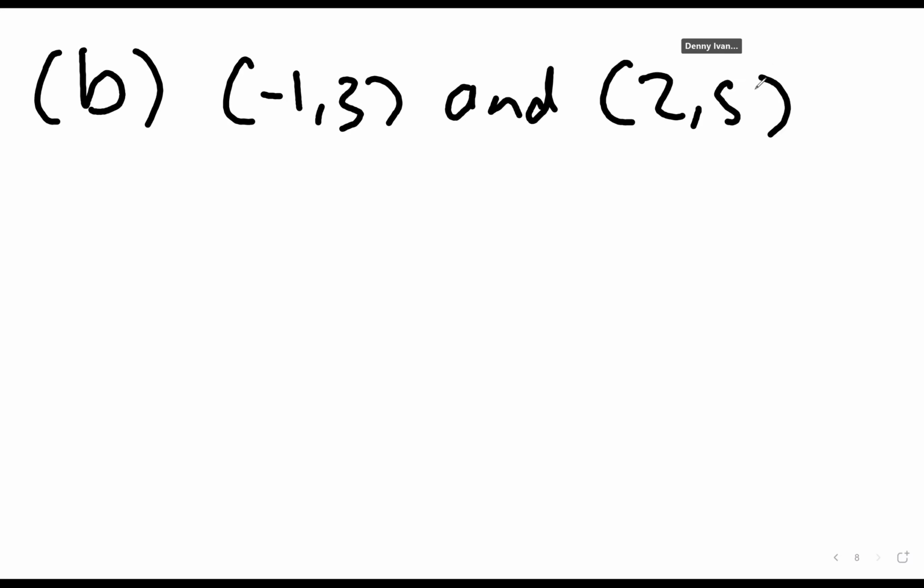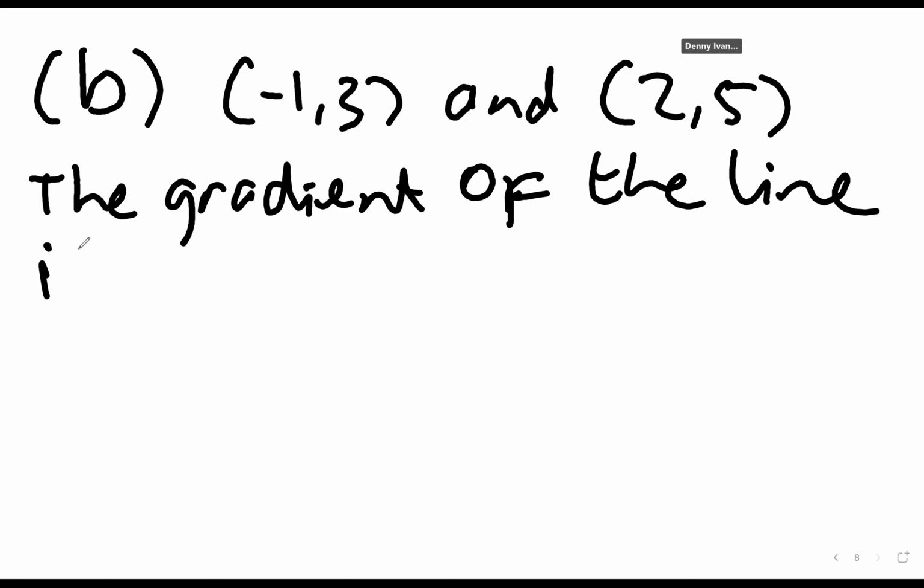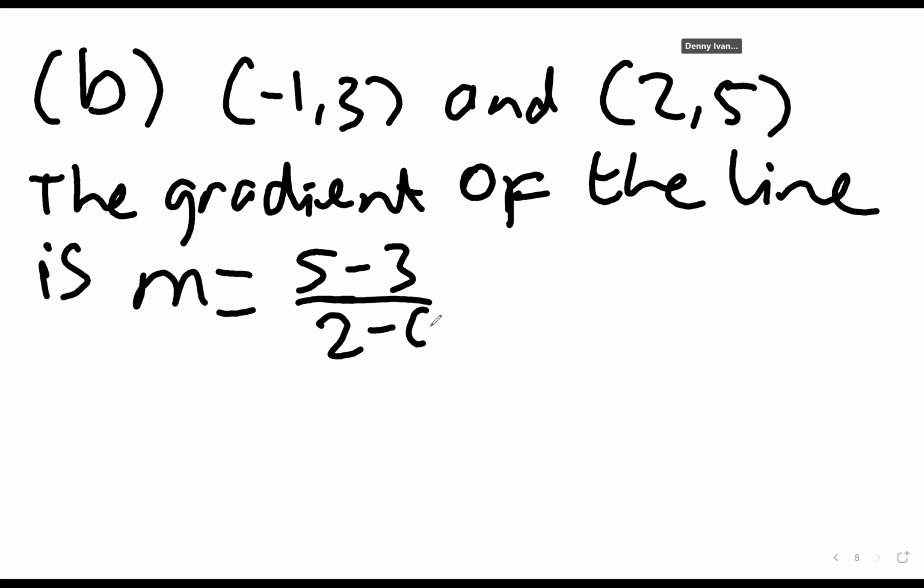Okay, so in this case, if we are given 2 points on the line, then of course we can find its gradient. So the gradient of the line is m equals 5 minus 3 divided by 2 minus 1, which will be 2 over 3.